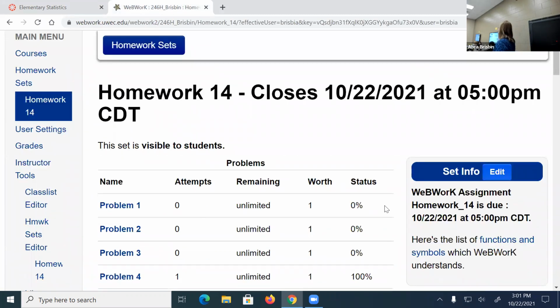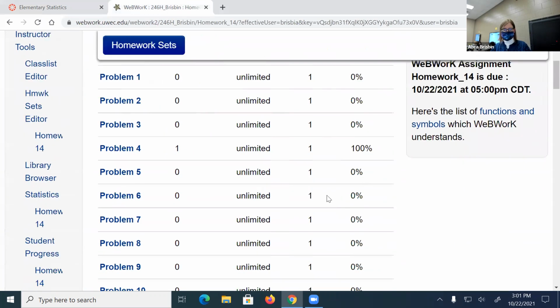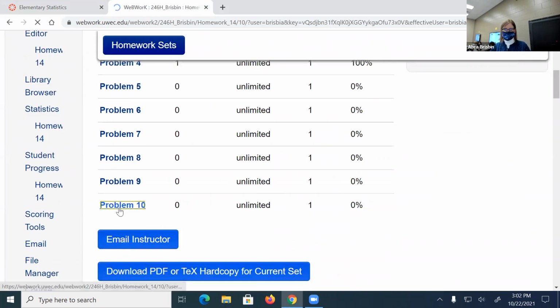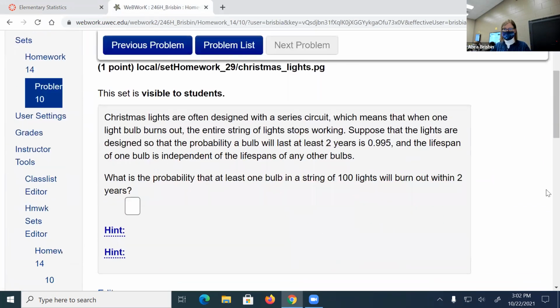Allison. Can you do problem 10? Problem 10. Good. So we want to find the probability that at least one bulb in a string of 100 lights will burn out within 2 years.